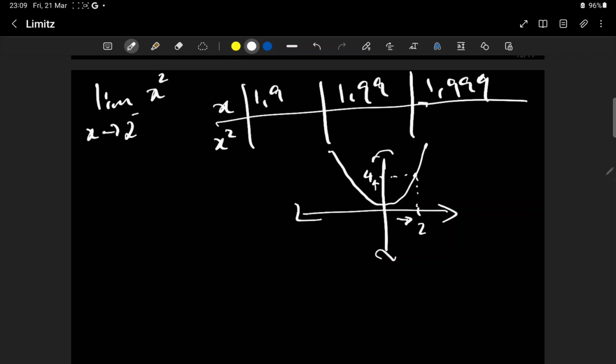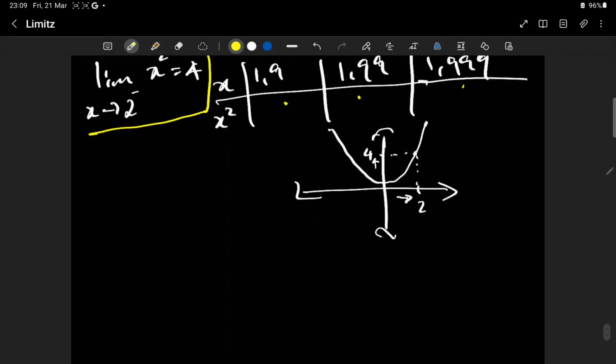So in that case we then have that the limit as x tends to 2 from the left of x squared is 4, right? You can check this with a calculator. You'd see that the number also tends to 4.